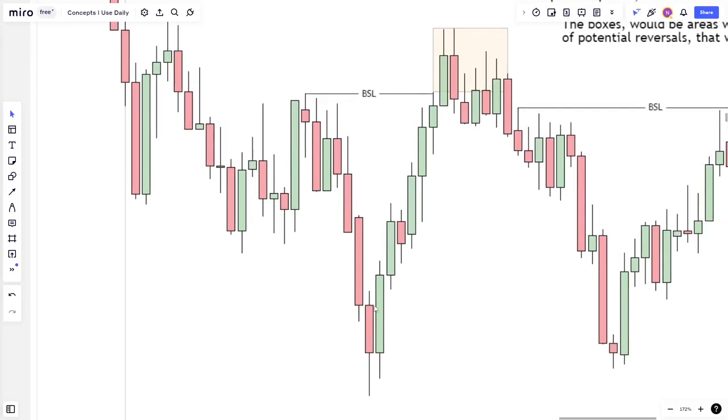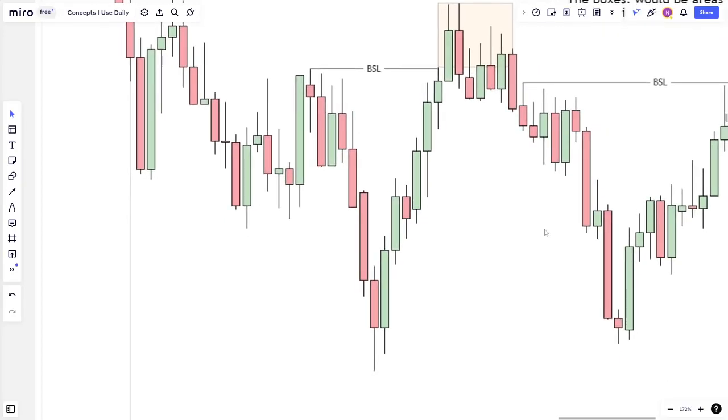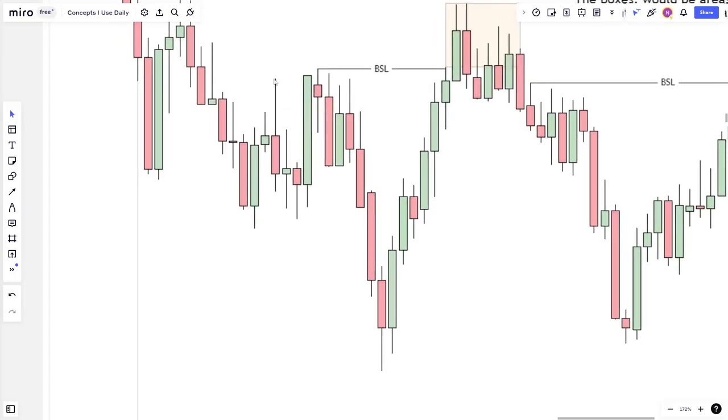Does the fact that it is later taken mean that this move failed? Not really, because you gotta imagine yourself, and we will discuss this much further and in much more depth in the daily bias. You gotta think about the fact that this high is taken, and each of these candles is one entire day.